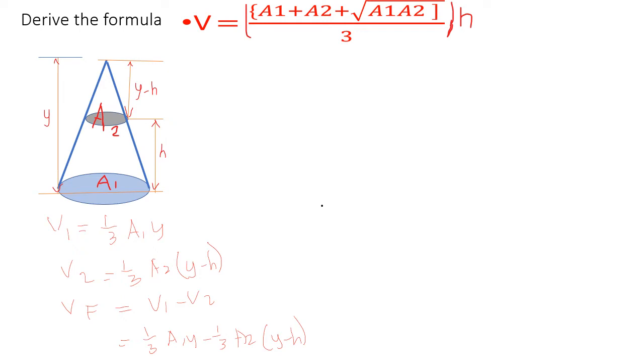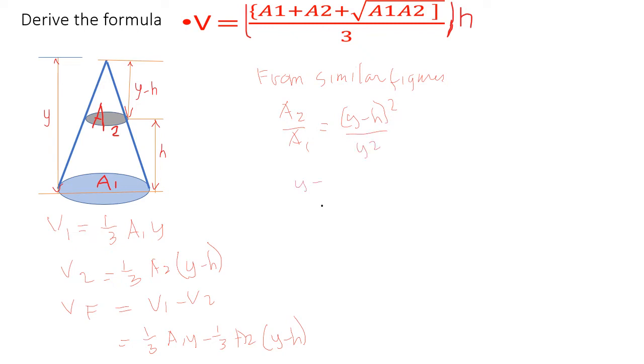So from similar figures, A2 over A1 is equivalent to (Y minus H) squared all over Y squared.